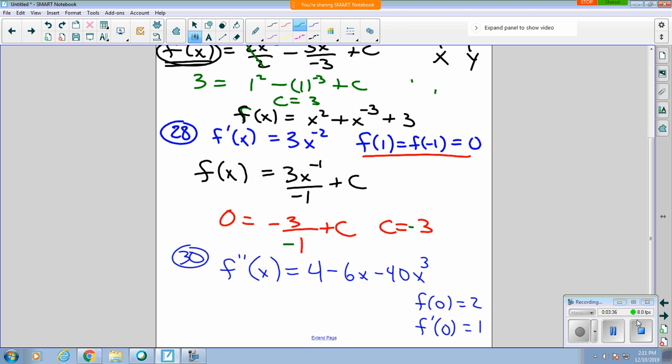Is it 3 or negative 3? Or is it both of them? Well, there are 2 conditions up here. When you plug in x is 1, we're getting c is positive 3. When I plug in x is negative 1, I get c is negative 3. I get 2 different constants.